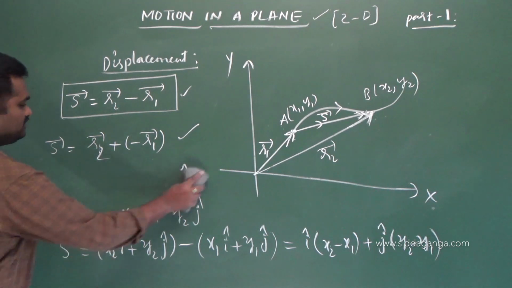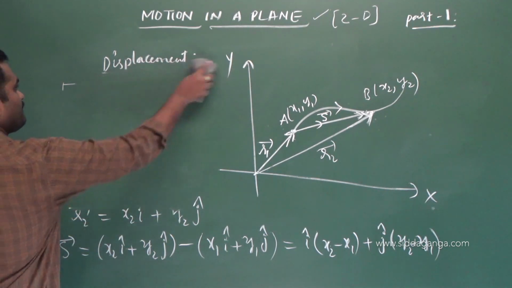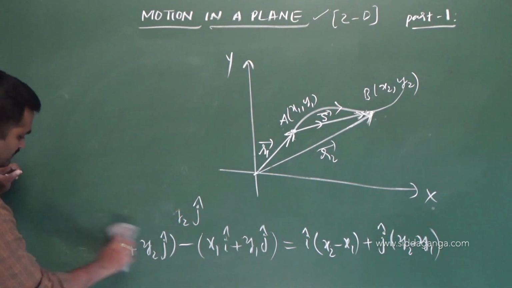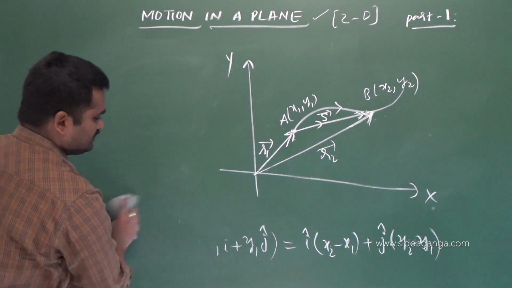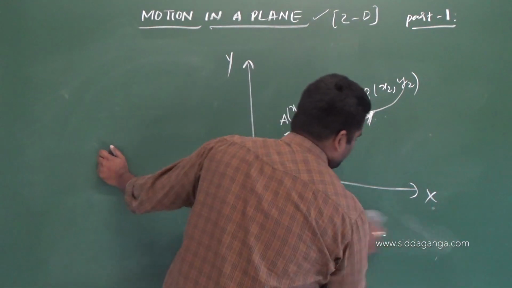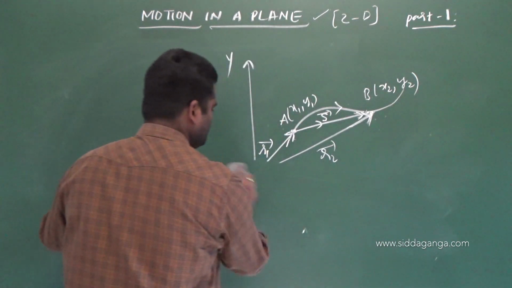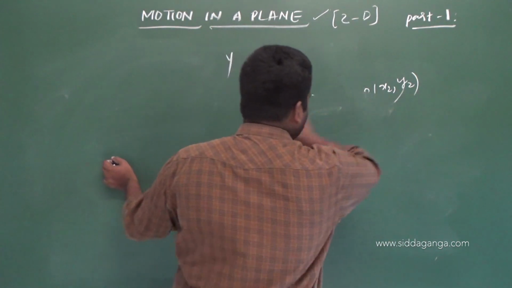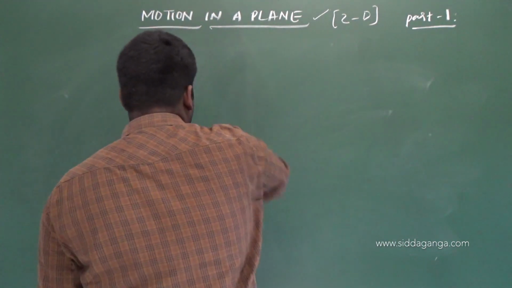So this is about what? Displacement vector. It does have some magnitude as well as direction. Again, I need not mention what you mean by magnitude and how to find the direction of that. Why? Because in vectors, you have already studied. Now I will give an example.